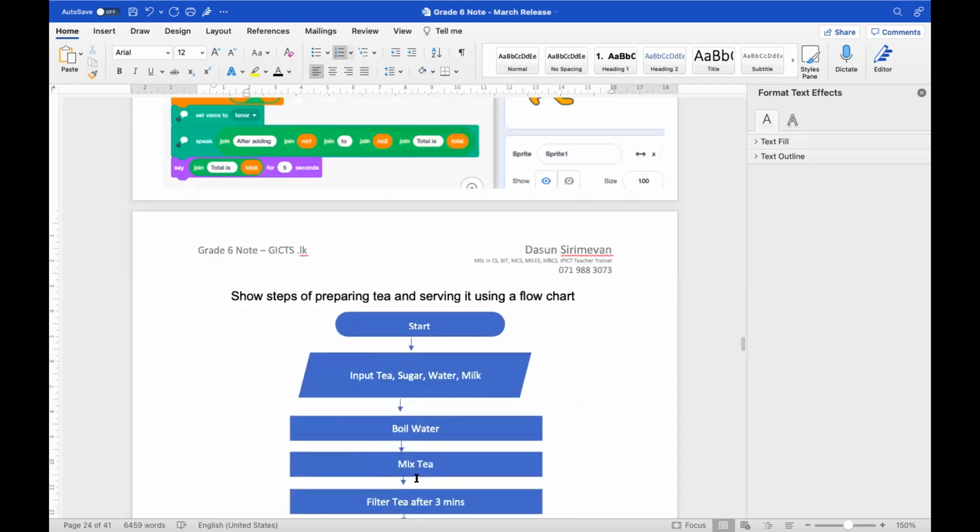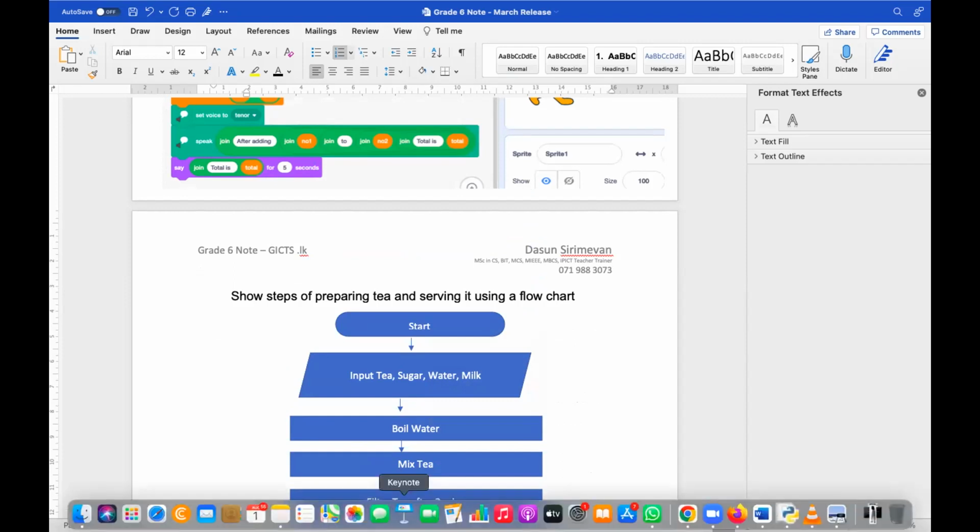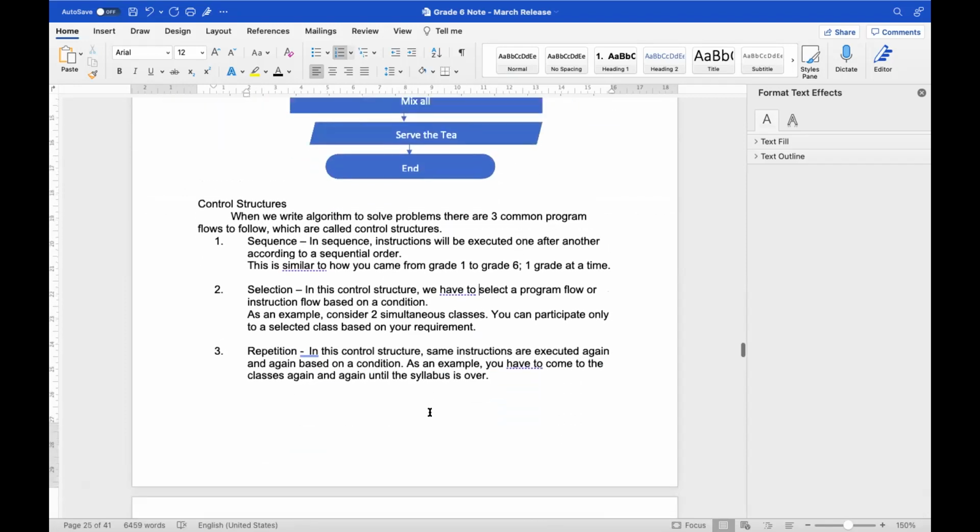Okay, can you tell me the three control structures now at least? Sequence, selection, and repetition. If you don't know, I think you need to highlight this.